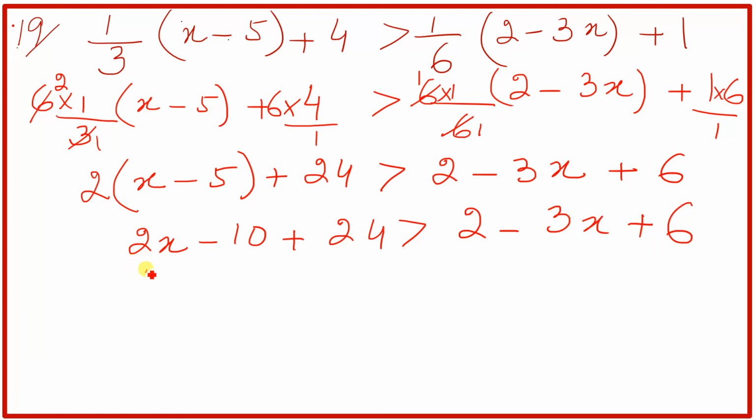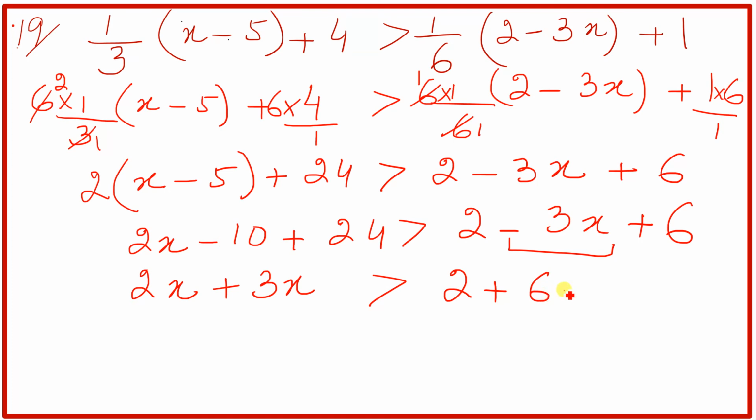In the next step we have to take the transpose. 2x will remain the same. We do not have any variables here. These 3x will go to the other side of the inequality, but this is negative, so it will come up here on the left hand side. 2 is a constant, will remain the same. Positive 6 will remain the same. It will be positive 10 and negative 24.